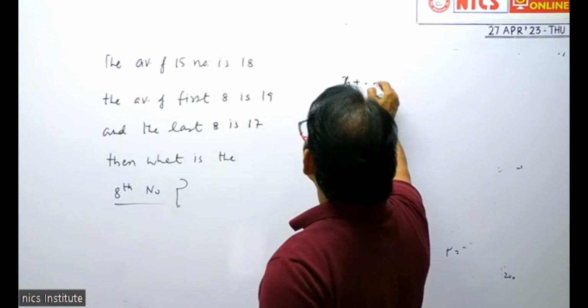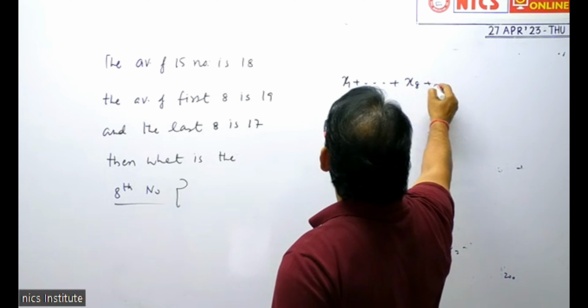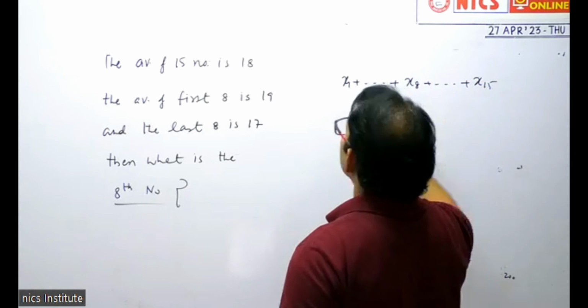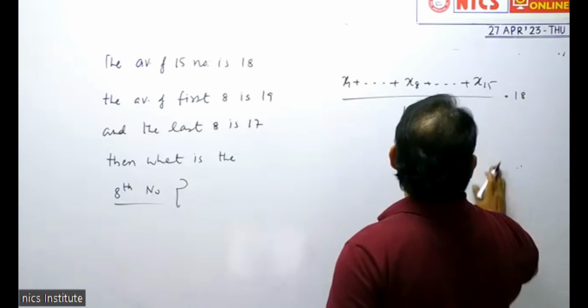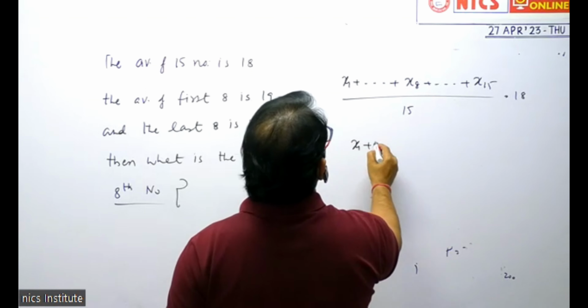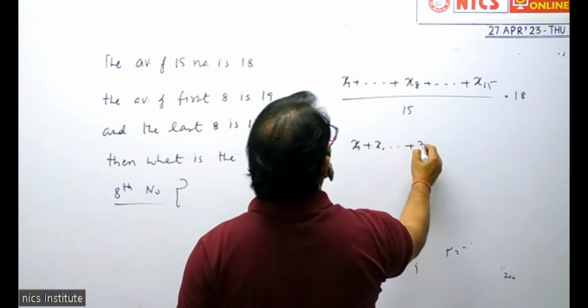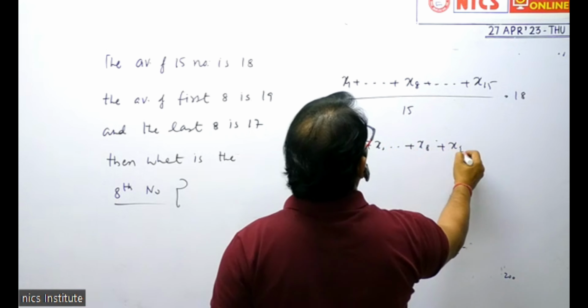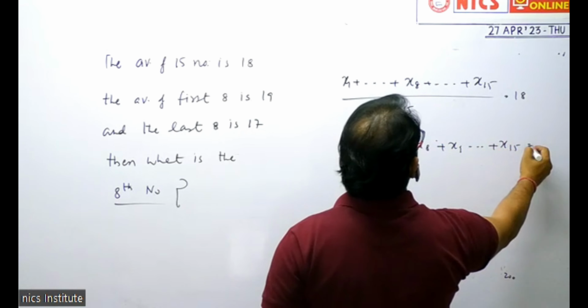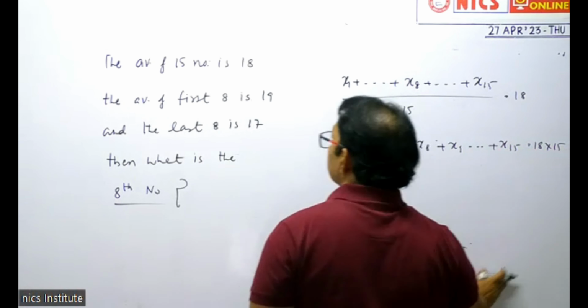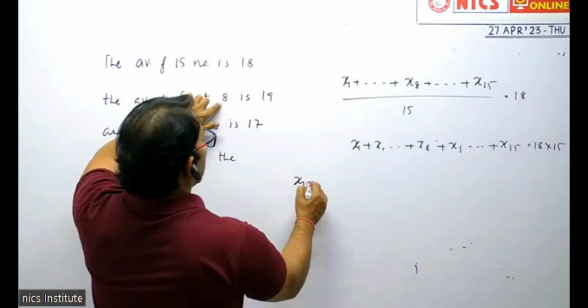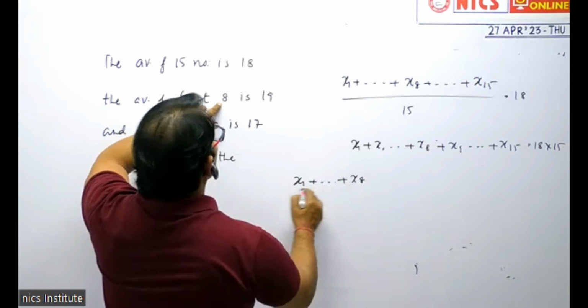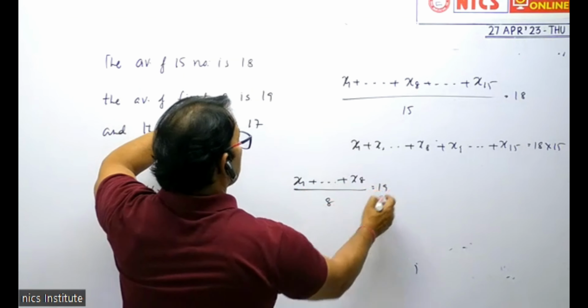You have numbers x1 till x8 till x15, and their average would be the sum divided by 15, which is 18. So x1 plus x2 till x8, x9 to x15 is 18 into 15. Let's say the average of the first 8 is 19: x1 to x8 divided by 8 is 19.